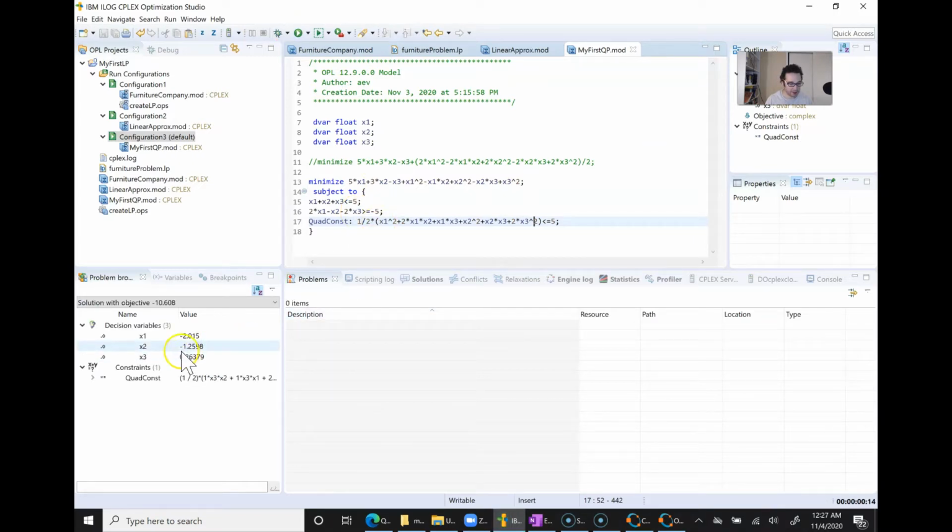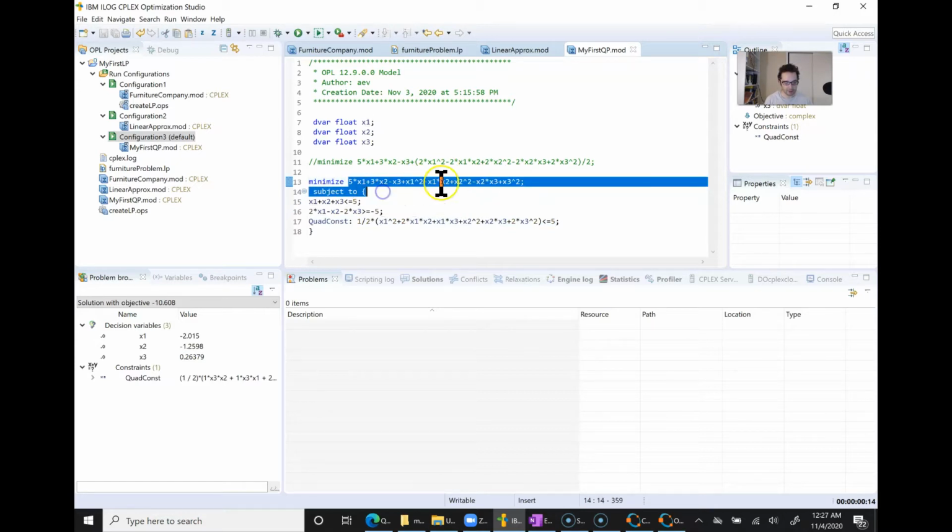Oh, and there you go. So now what we can see is that we are able to solve this problem. It gave us the x1, x2, x3 values in order to do so. Okay, so what's the end message? Which is when you're using the Optimization Studio, you can pretty much type in your quadratic equation as you would like.